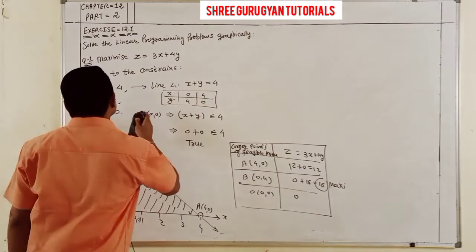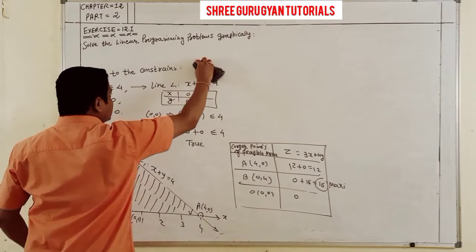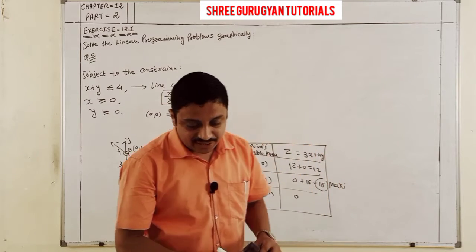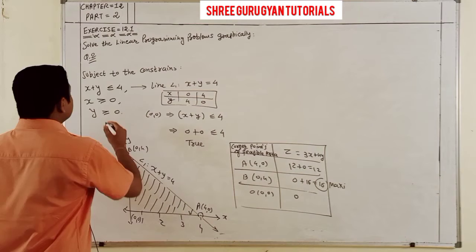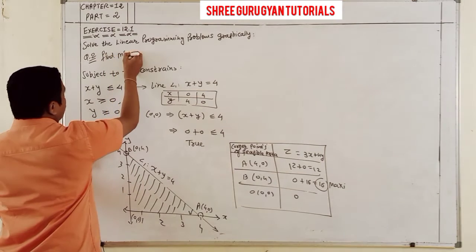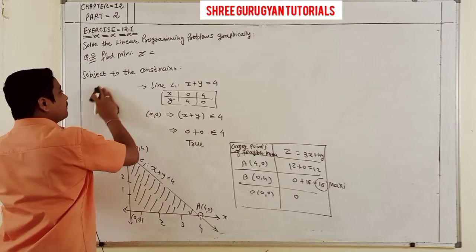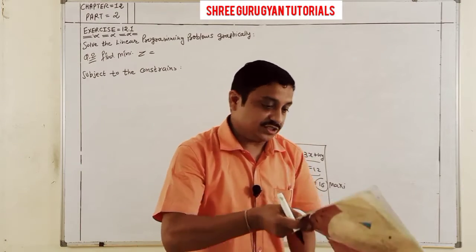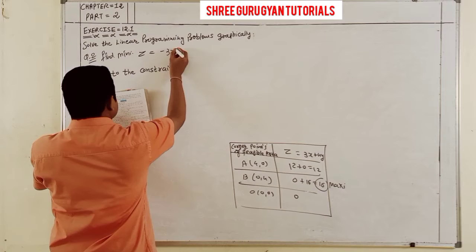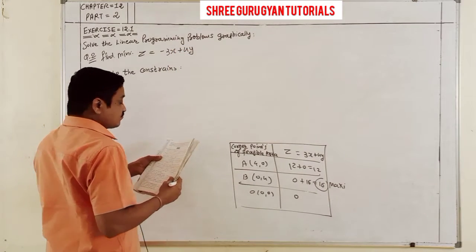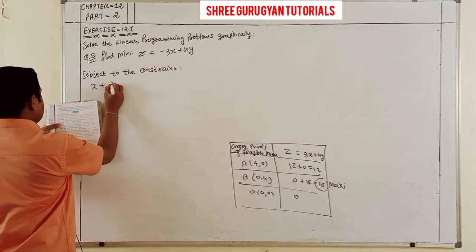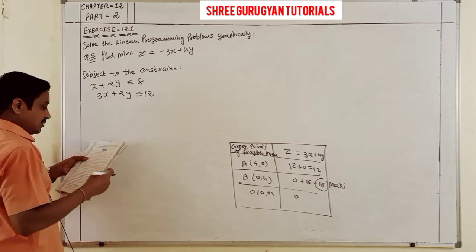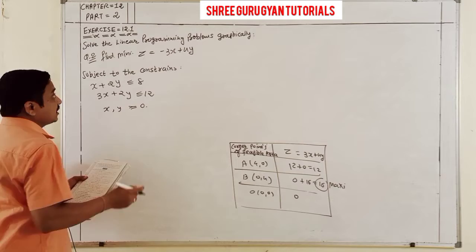Now question second, students. Very easy. Find the minimum value of z = -3x + 4y, subject to x + 2y less than or equal to 8, 3x + 2y less than or equal to 12, and x and y both positive.